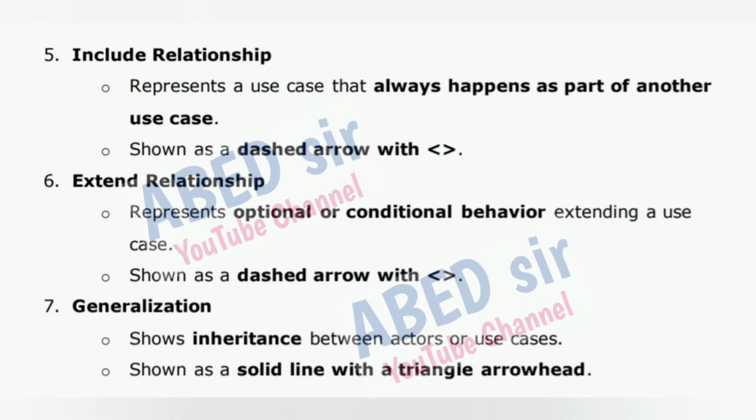Extend relationship represents optional or conditional behavior extending a use case, shown as a dashed arrow with. 7. Generalization shows inheritance between actors or use cases, shown as a solid line with a triangle arrowhead.